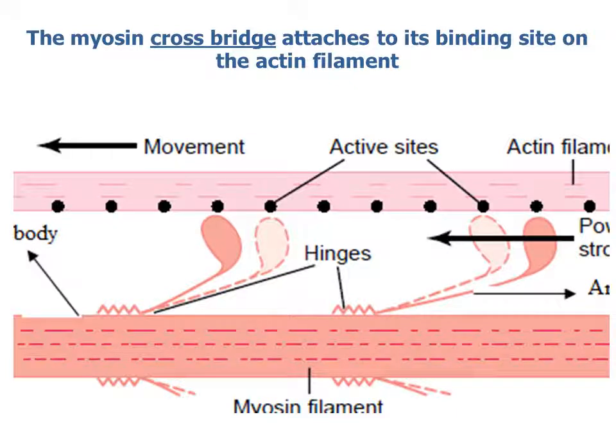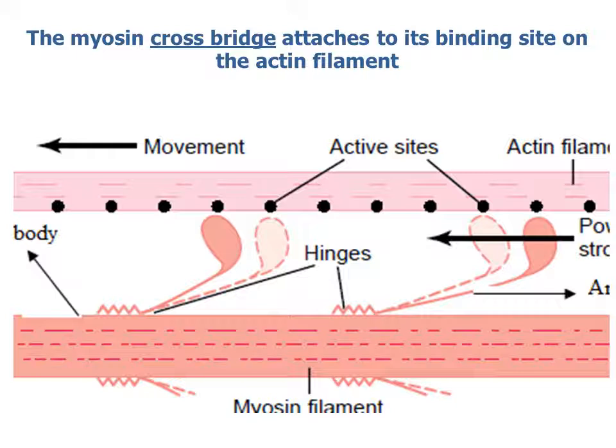Okay, this picture shows the myosin cross bridge attached to its binding site on the actin filaments. Here above in the picture, this is the actin filaments.